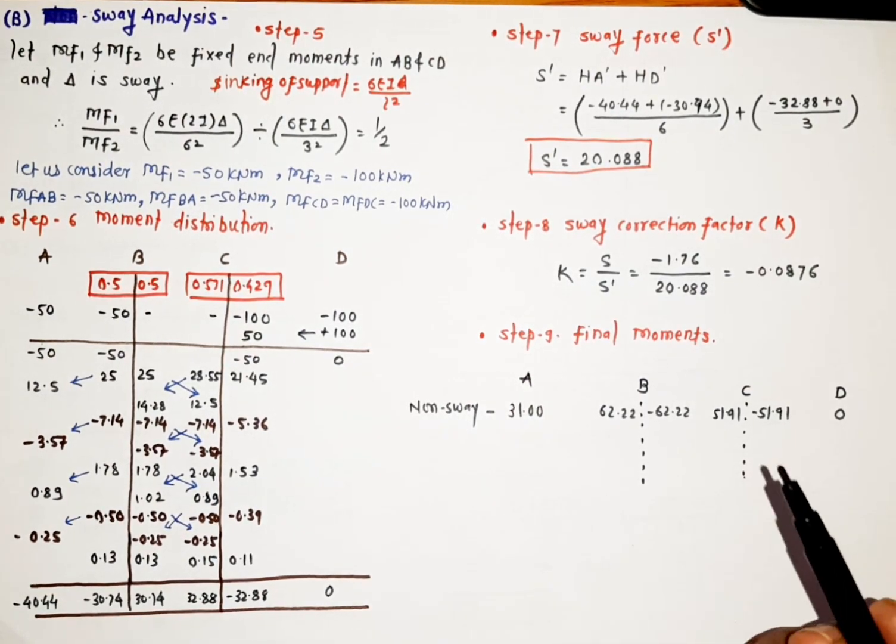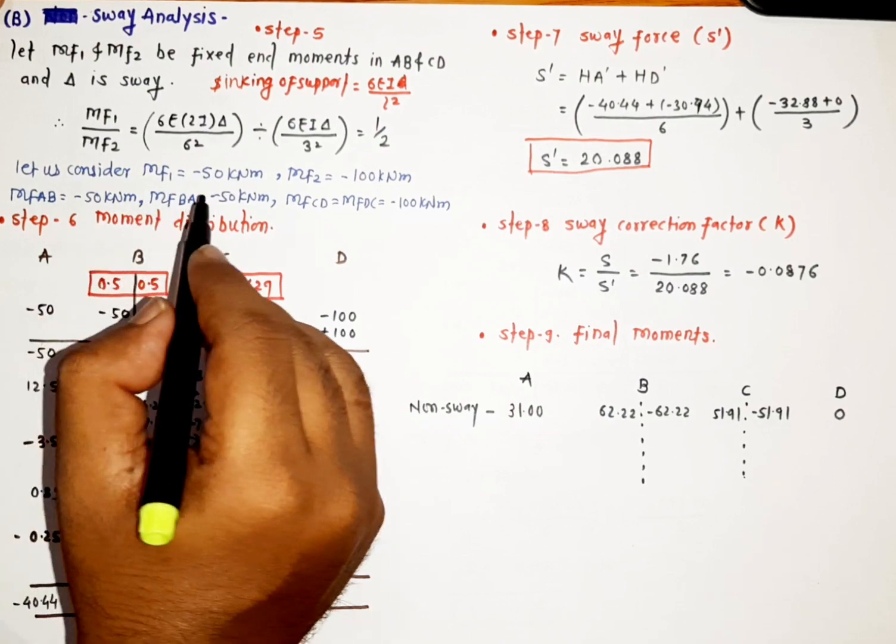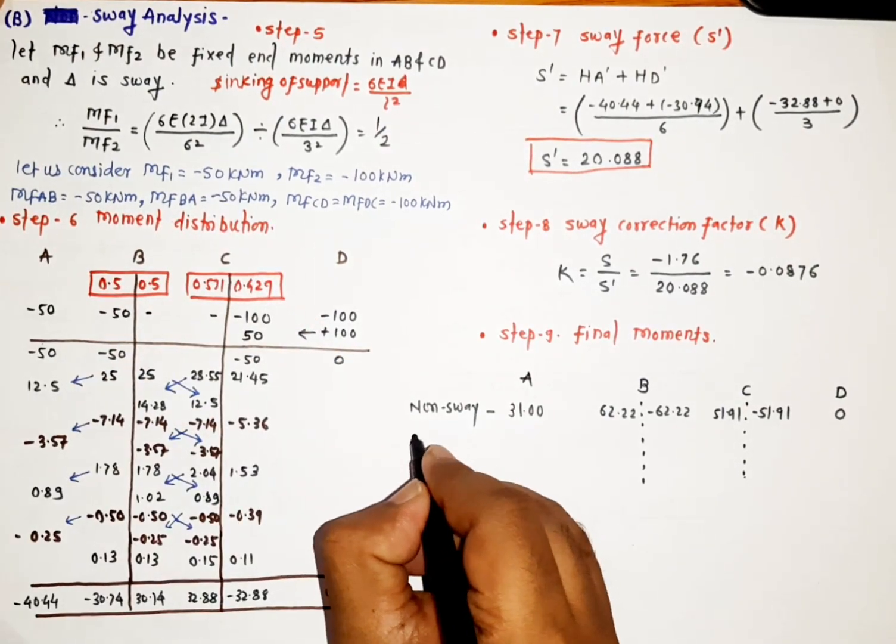Now what we have to do is write down all these sway moments also. This is the assumed sway, because we assumed something.